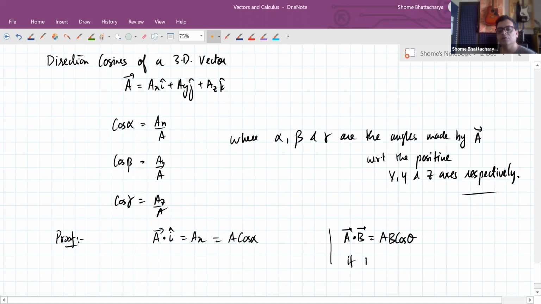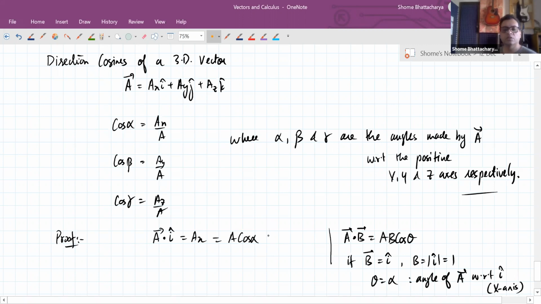So if you take the second vector as I cap, then its magnitude is 1 and theta is nothing but alpha. It is the angle of vector A with respect to I cap, which is along the x-axis. So that's how you get this. So now you can see from this that cos alpha is ax upon a.